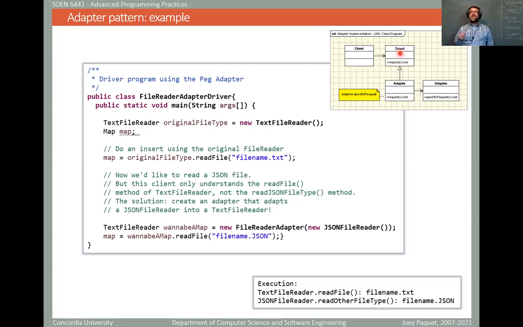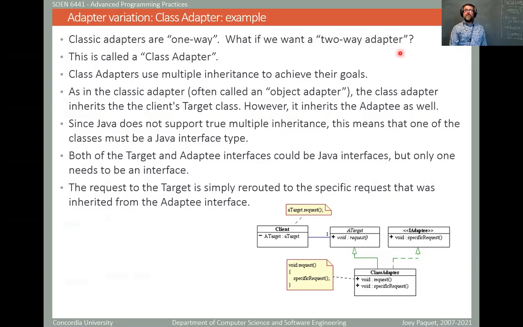The other way, you can design a two-way adapter, which is often called a class adapter, essentially a variation of the adapter. What it does is achieve both of the different ways at the same time. It can only be used in one way at a time, but it is designed so that you can instantiate it in either a forward or the reverse way.